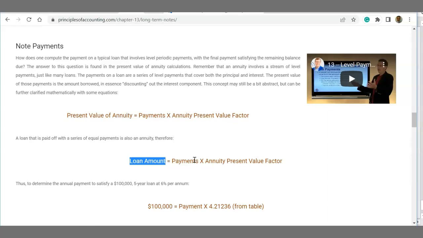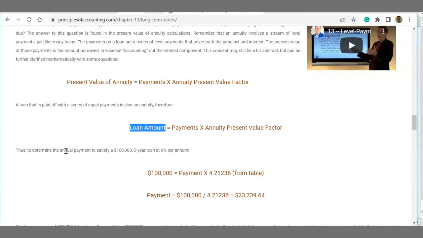Make sense? That's how you can calculate your loan payments. All you need to know is your loan amount, the present value of your loan amount, which is whatever it is today, and the annuity present value factor. What you divide that by.